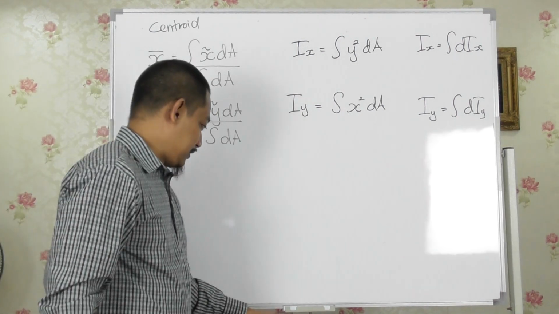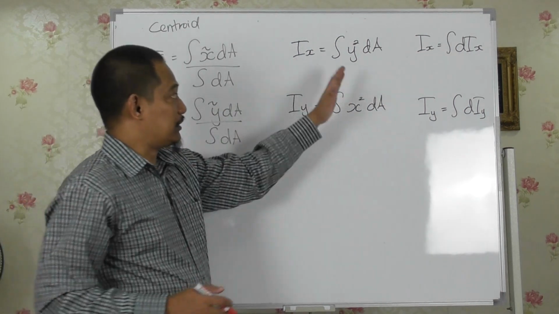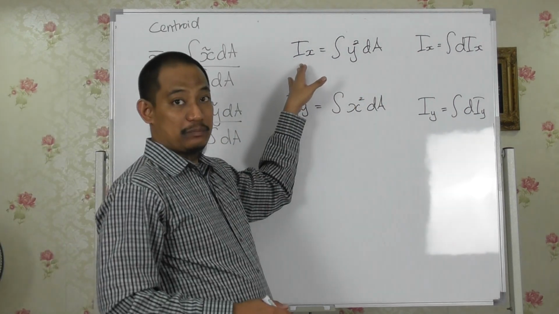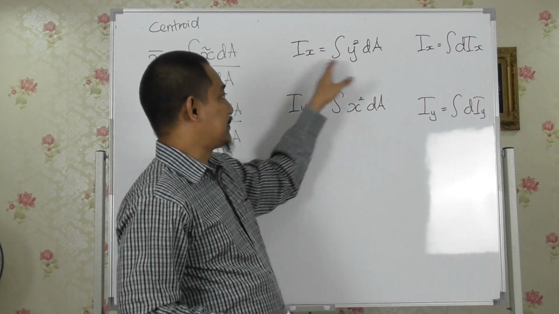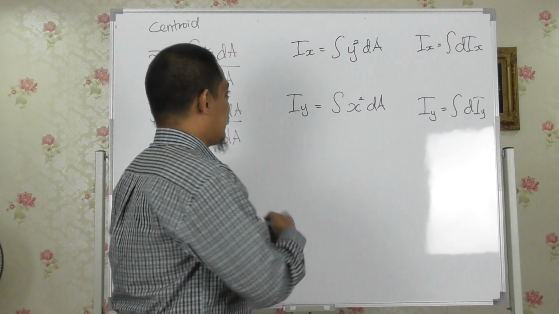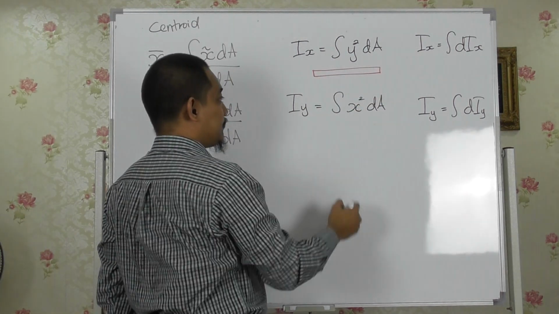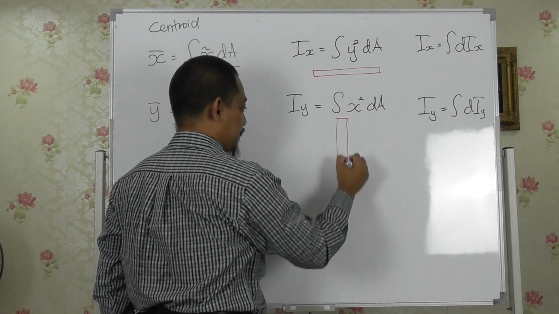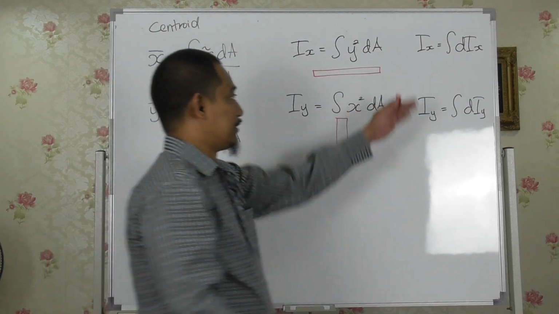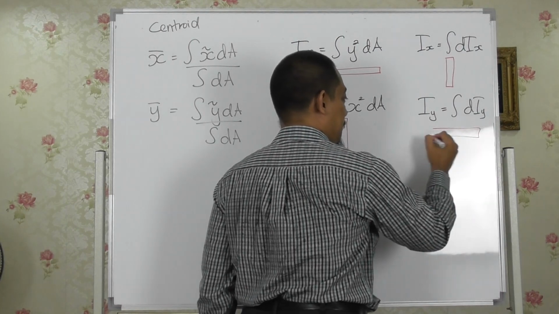Now, the difference between these two equations, because both are finding moment of inertia about x, and the same for moment of inertia about y, is that this one is for this element here, and this one for this element over here, while this one is for the other element, right?